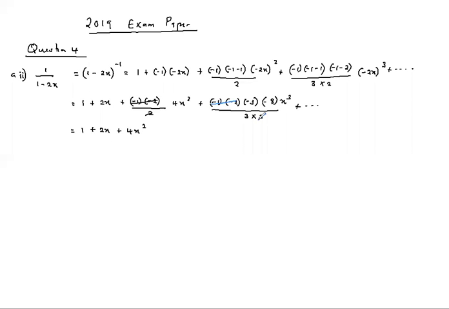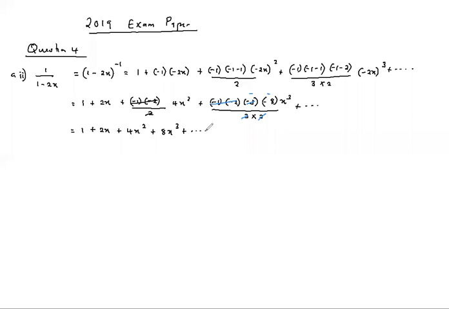They take away this 2. Negative 3, the 3 takes away that 3. Then this negative and that negative will have positive 8. So we have positive 8x3. And so this is our expansion up to and including the term x3.